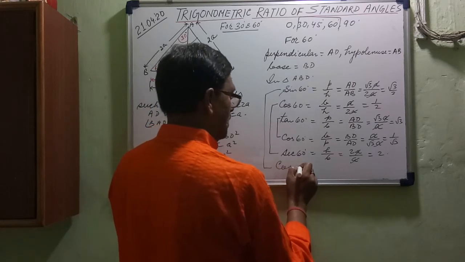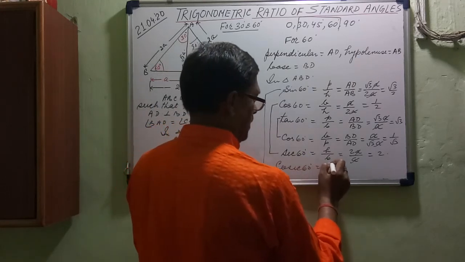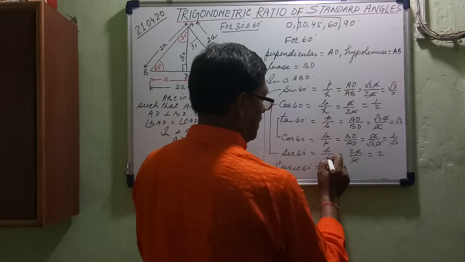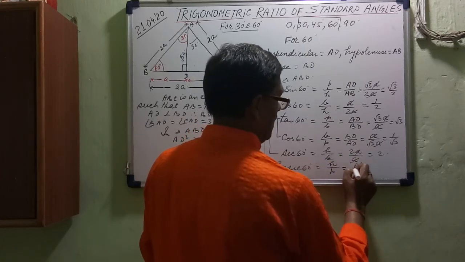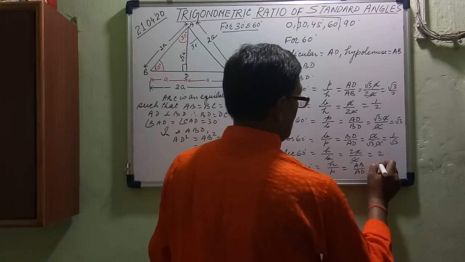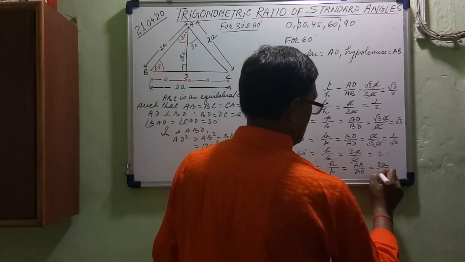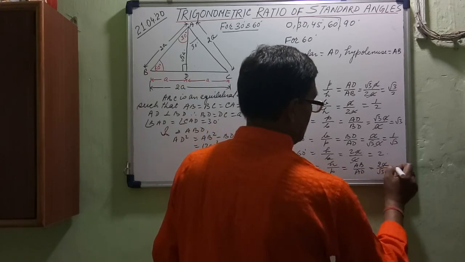Cosec 60 degree, H by P, how much? AB by AD is equal to 2a by root 3a, that is 2 by root 3.